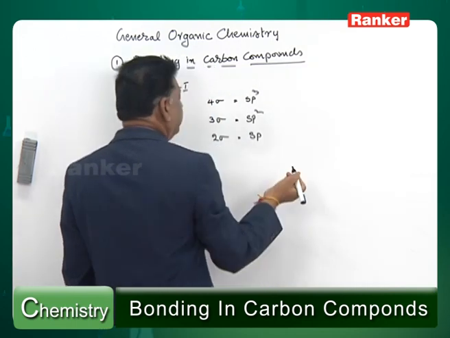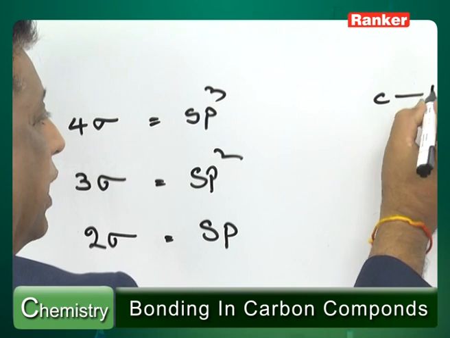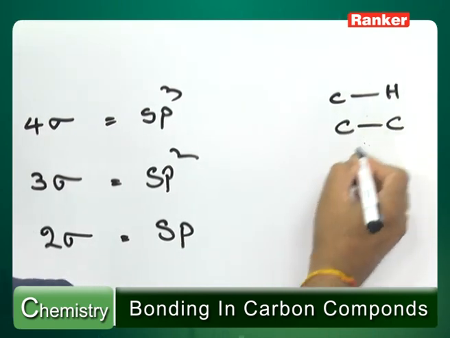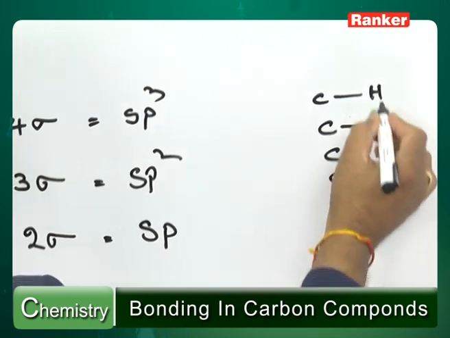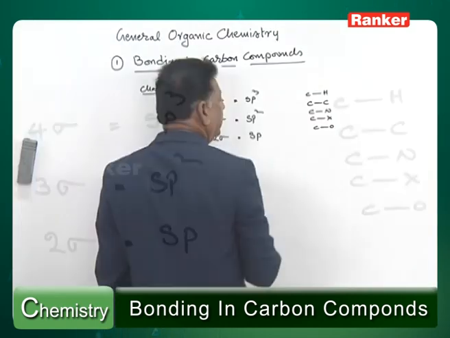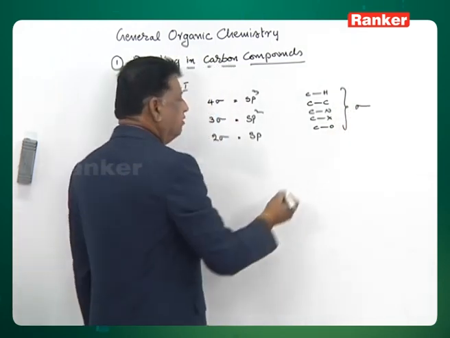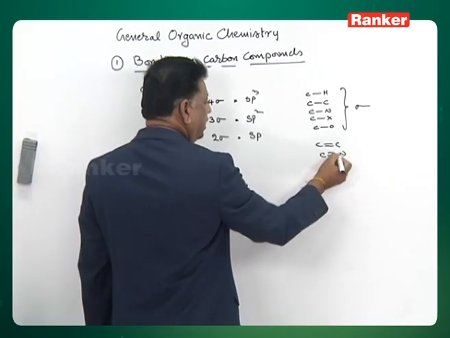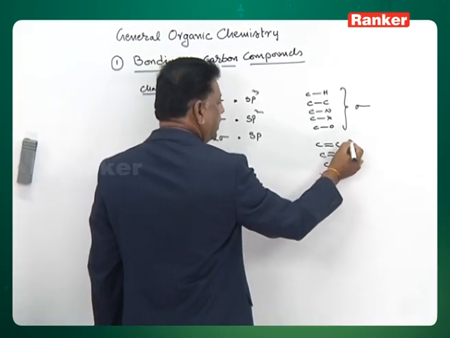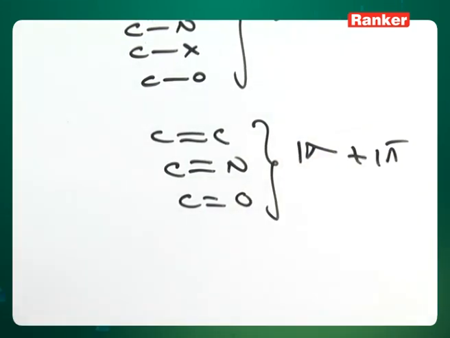Similarly, to identify which bonds are sigma: carbon-hydrogen, carbon-nitrogen, carbon-halogen, carbon-oxygen, all of these are sigma bonds only. Whenever a double bond comes, between carbon-nitrogen or carbon-oxygen and so on, it is 1 sigma plus 1 pi bond.